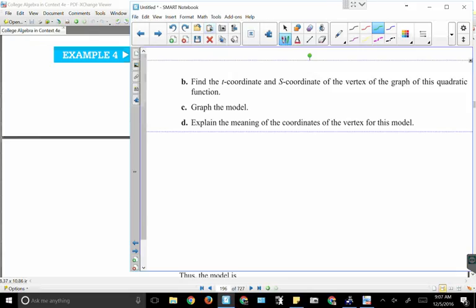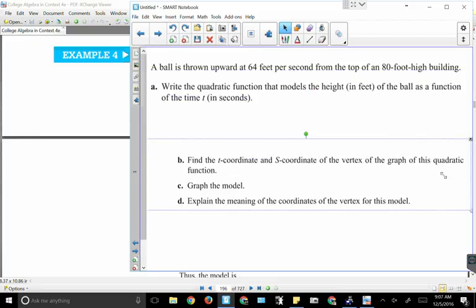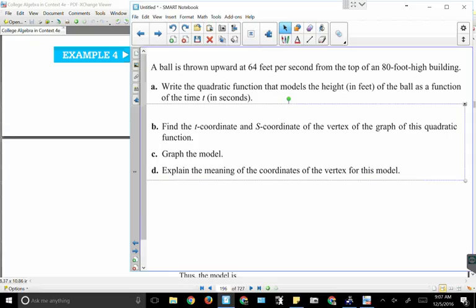That quite creepy. So, a ball is thrown upwards at 64 feet per second from the top of an 80-foot high building.